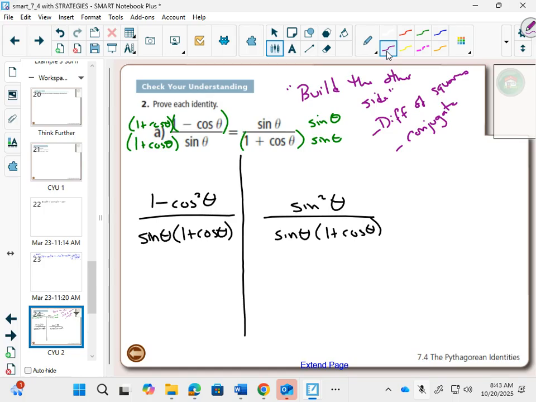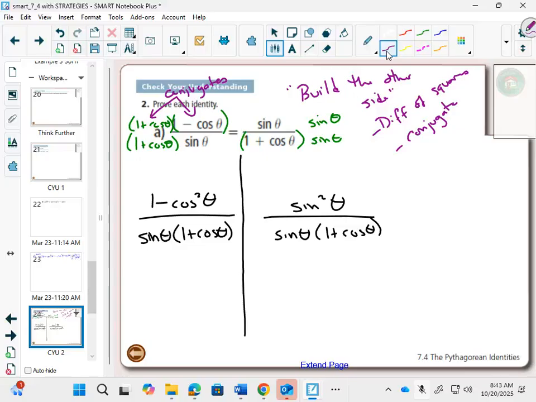And when I multiply 1 minus cos theta by 1 plus cos theta, these with the sign different in the middle, those are called conjugates. And I don't know if you remember that from grade 11 or not. It's not probably something you say every day and talk about in your math. So because you don't say that word very often, to call a strategy by a word you don't use very often makes it harder to remember. Right? So multiplying by the conjugate is sometimes what this strategy is called.